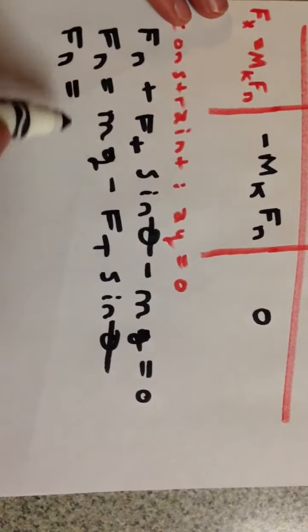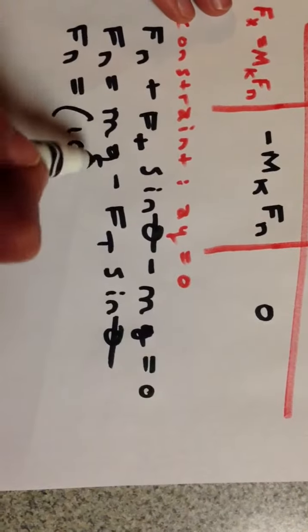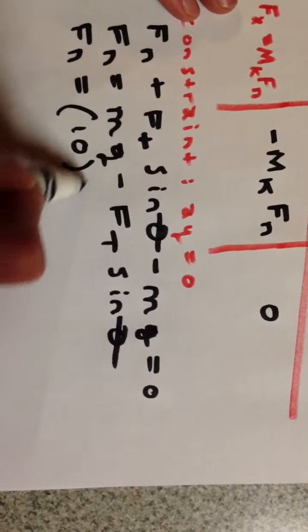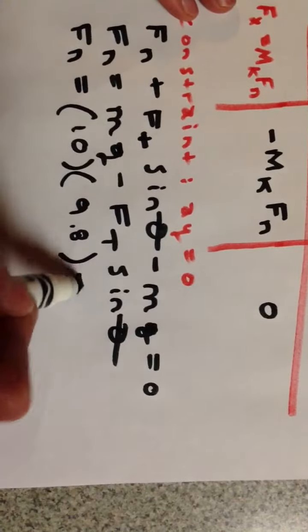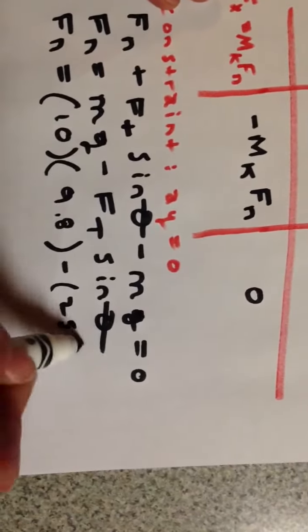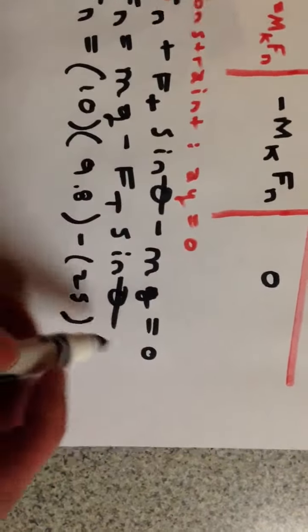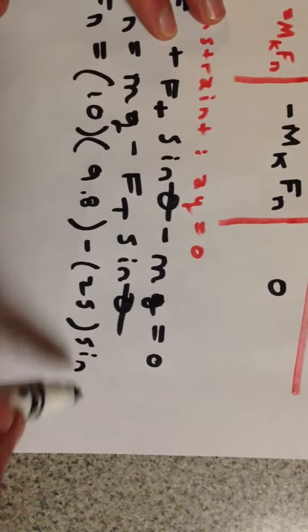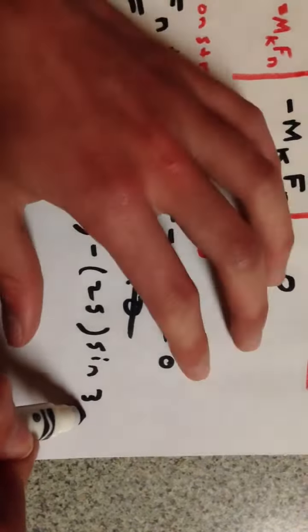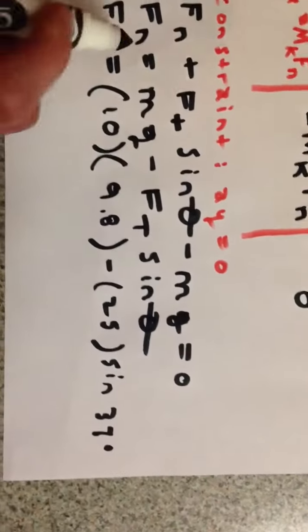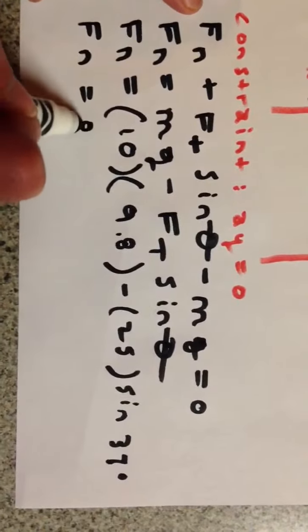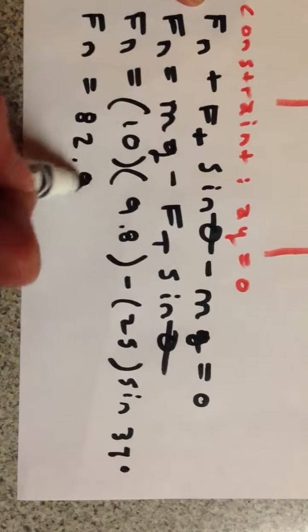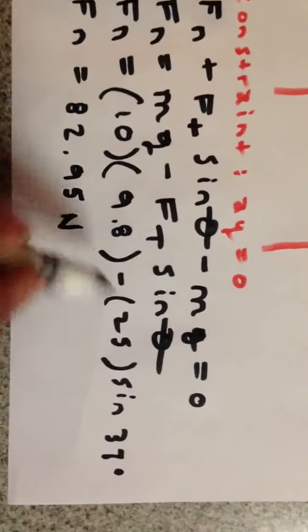So normal force equals 10, which is the mass, times gravity, which is 9.8, minus the 25 newtons that were given, times sine 37 degrees. And that will give you 82.95 newtons.